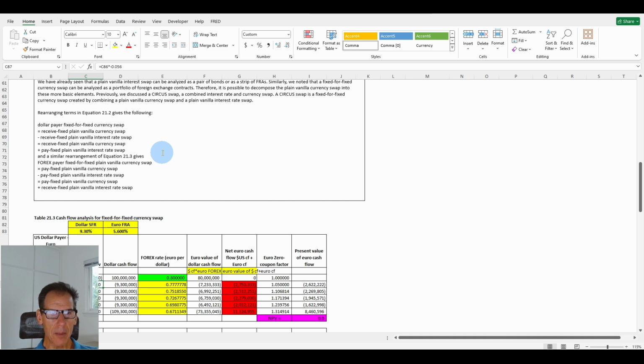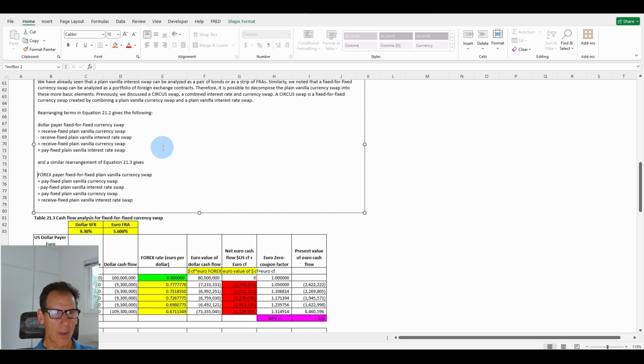And a similar rearrangement of 21.3 gives Forex pair fixed for fixed currency swap equals pay fixed plain vanilla currency swap minus pay fixed plain vanilla interest rate swap, which equals pay fixed plain vanilla currency swap plus receive fixed plain vanilla interest rate swap.